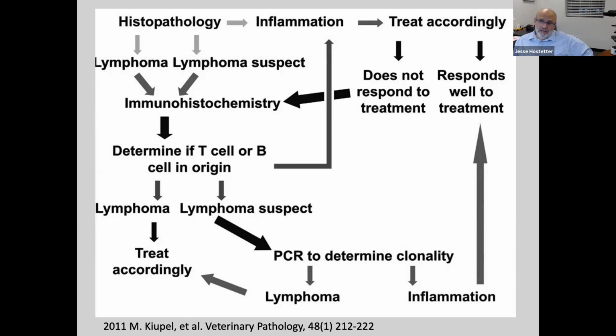If we go earlier back to the histopath and we think it's a lymphoma, we do the immunohistochemistry for B and T, and that may tell us, yeah, you have an indication this could be lymphoma, treat accordingly, or maybe it's a mixed population and you go back to inflammation. So it's kind of a circle, a complex, convoluted path that really is based on histopath, immunohistochemistry, PARR, and response to therapy.